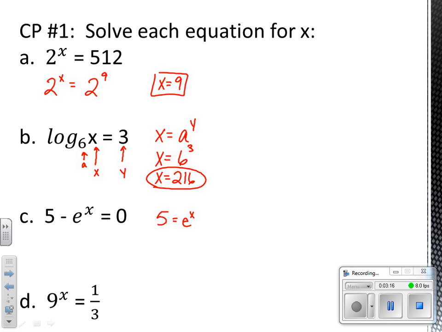If I do the ln of both sides, okay, we've done this where we've gone from this line and ended up to the top. So hopefully you can see the connection and see that I am doing it in reverse order. So I did the natural log of both sides.